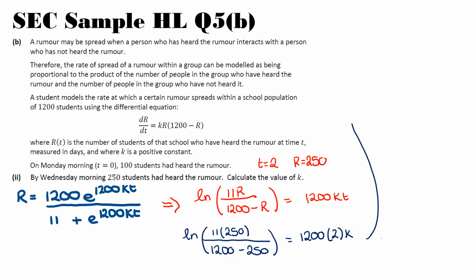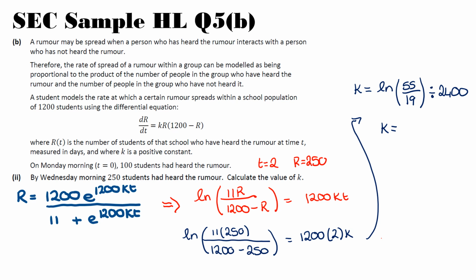So then to get my final answer, I'm going to do k is equal to the natural log of this, which simplifies down to 55 over 19, and then I'm going to divide that by 1200 times 2, which is 2400. And that gives me my answer for k. When you put this into the calculator, we get quite a small number.